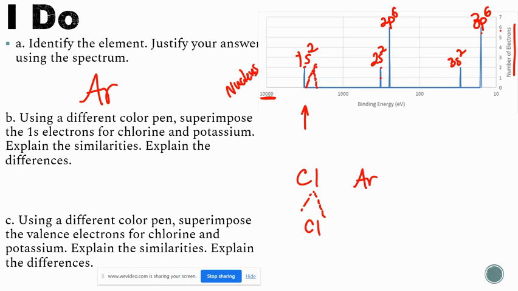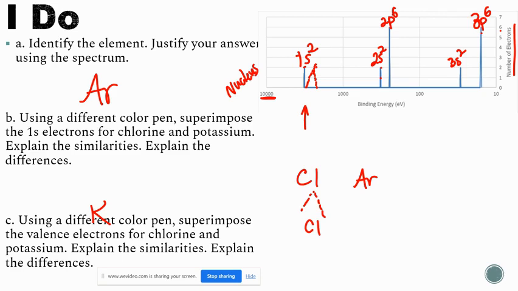Now, we need to look at potassium. Potassium is down a level and way over here on my periodic table. Its effective nuclear charge is greater or less than argon's?